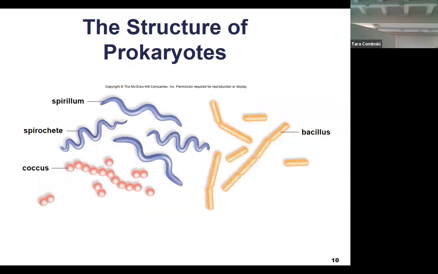But for now, this is just a little extra information. Just be aware of these different shapes, but I wouldn't put a picture on the exam and say, identify this, okay? So these are just different structures that you might see in prokaryotes, i.e. bacteria. Bacteria come in these different characteristic shapes, and that's one of the ways that we identify them, right?